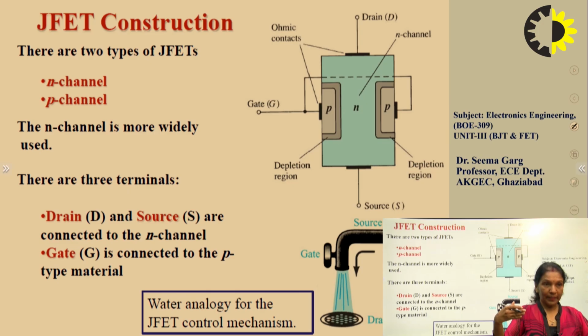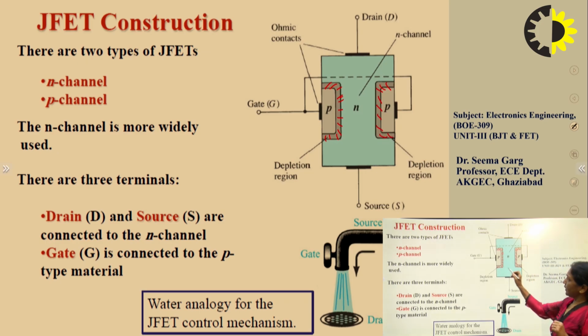So two P type materials are diffused on both sides of the N type material, and we know that when we insert some pocket of material in another type of semiconductor material, then because of the concentration gradient, some movement of the charge carriers takes place across the two materials, and because of that a depletion layer formation takes place. So here the depletion layer is formed at both the sides. Now this is the depletion region.